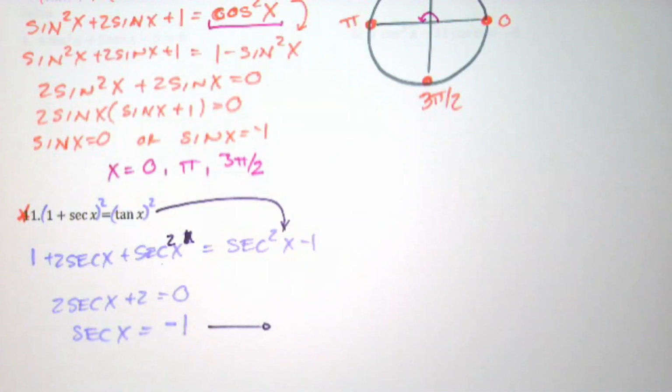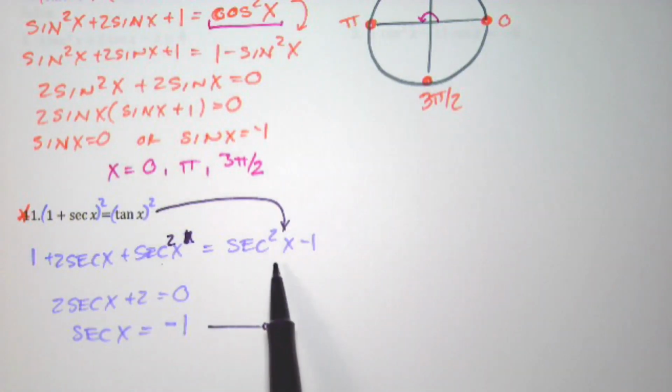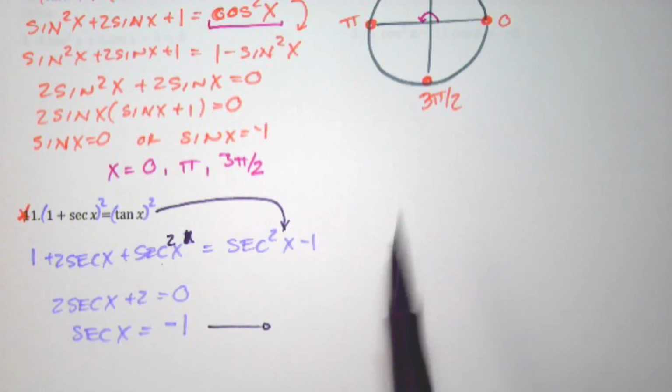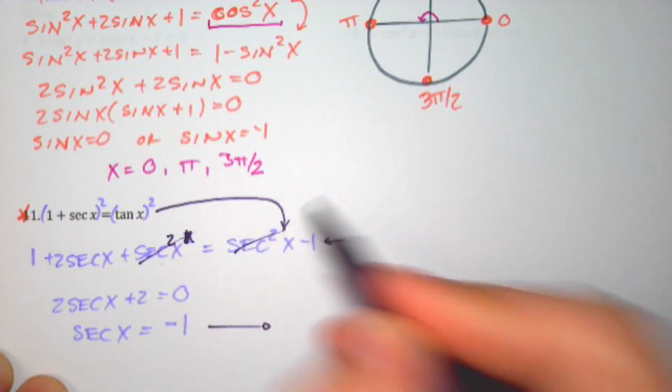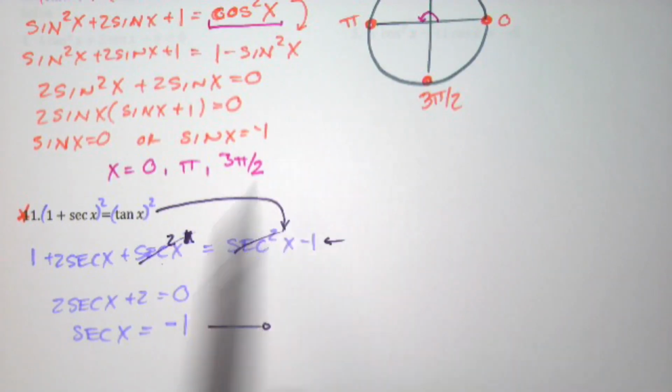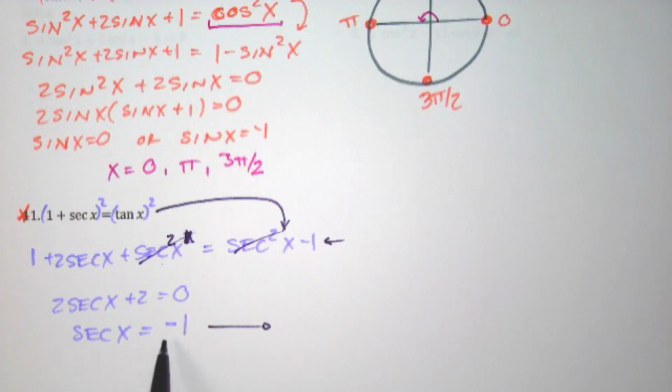Well, we know with a Pythagorean identity that tangent squared x is just secant squared x minus 1. Now, at this line, everything is in a quadratic form, but we want to get it equal to 0. So as I pull everything over, my secant squareds are going to cancel out, and I boil down to the secant of x equals -1.